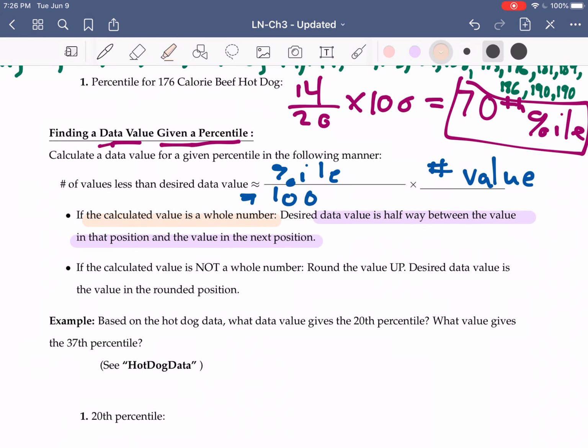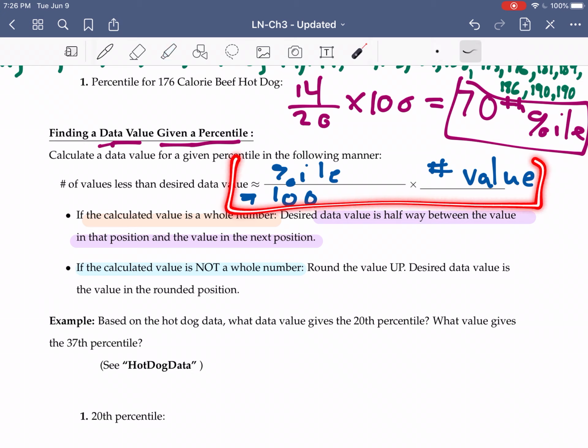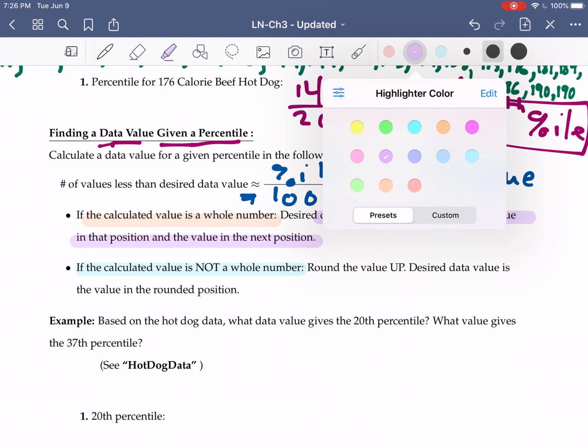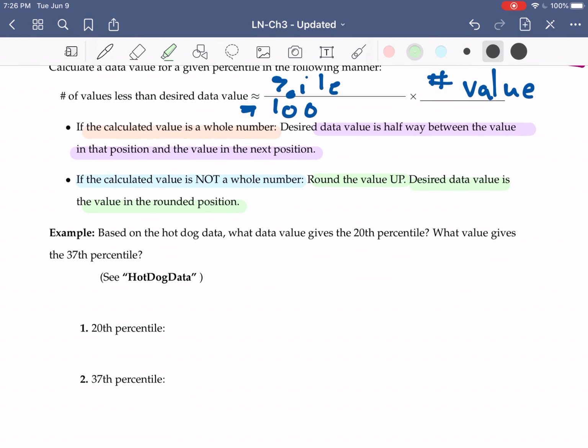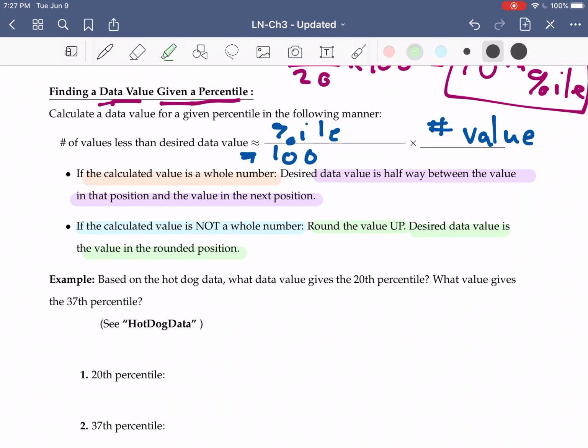If, on the other hand, the calculation that we get from this process is not a whole number, then we take that value and round it up, even if it wouldn't normally round up, and the desired data value is the value in this rounded position.